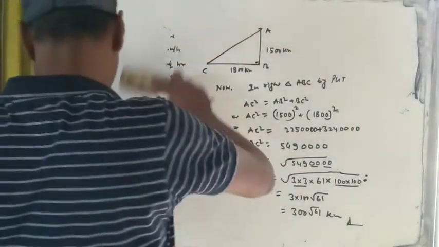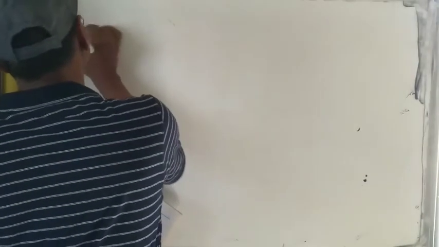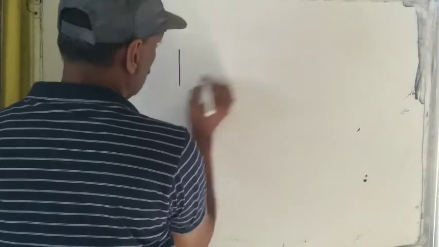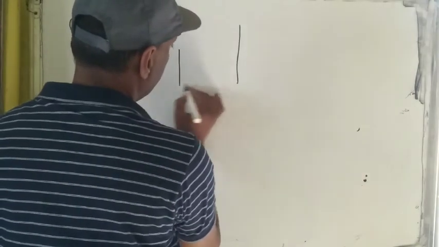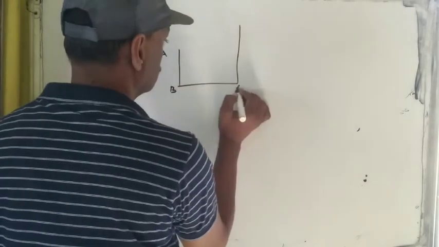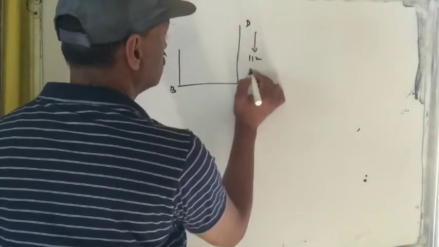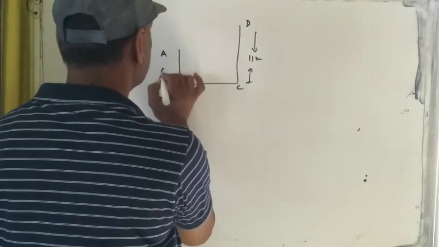Question number 12 is: two poles of height 6 meter and 11 meter. So let us draw two poles, 6 meter and 11 meter. This pole is of 11 meter and this one is of 6 meter.